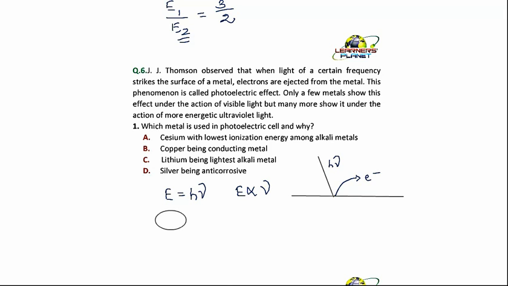Every atom has a central nucleus and electrons. If you provide energy to the electron, it moves out. So that energy is called what?